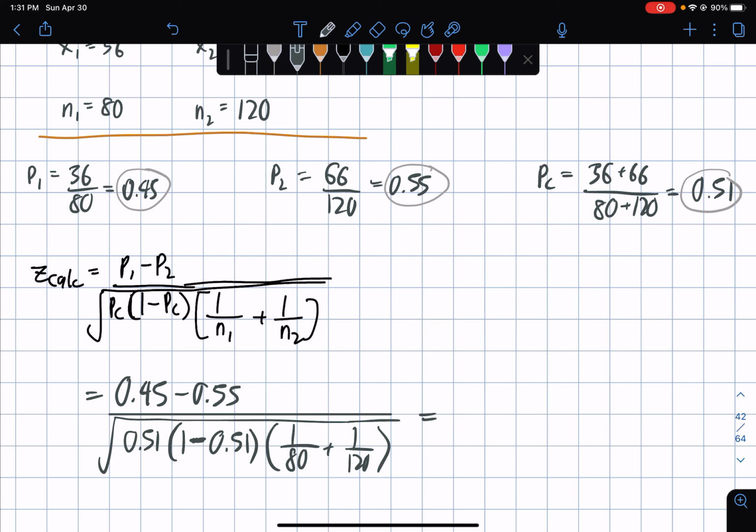So what's the answer? I think we have negative 0.934 as the final answer.